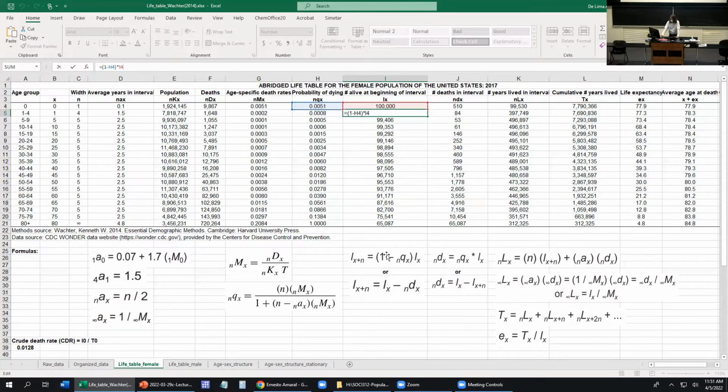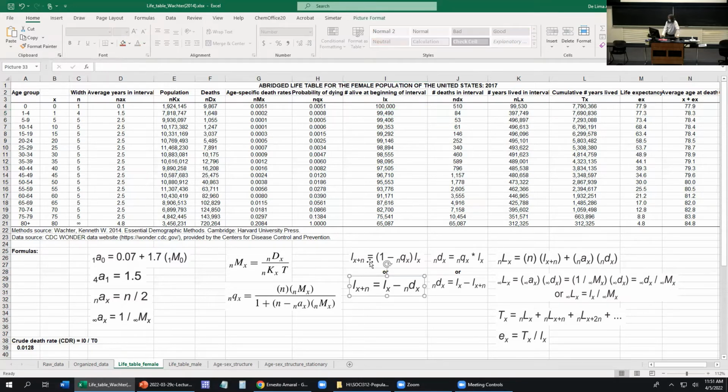Oh, but this formula is too complicated: 1 minus the probability of dying times the probability of surviving to the previous age group. A simpler way, as we talked before, is to take this number minus the deaths, and that is what will survive to the next one.